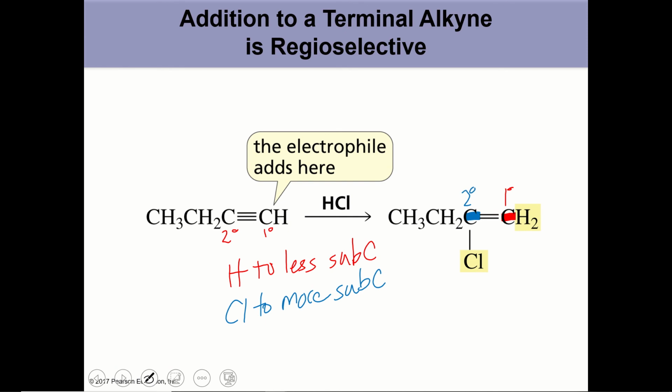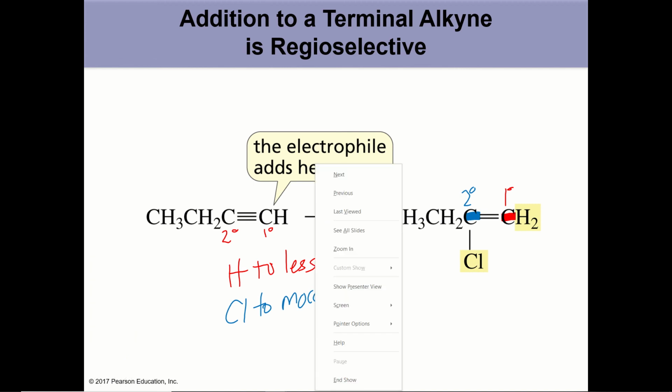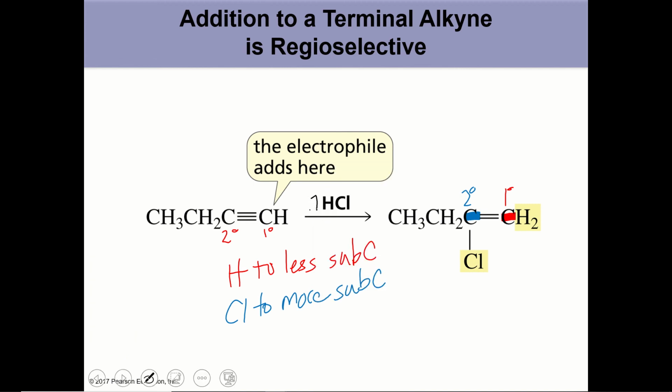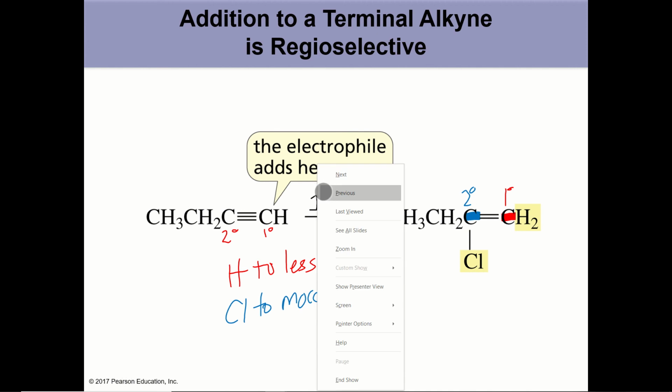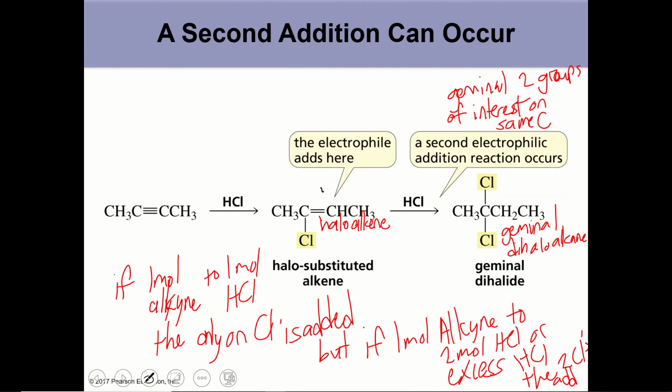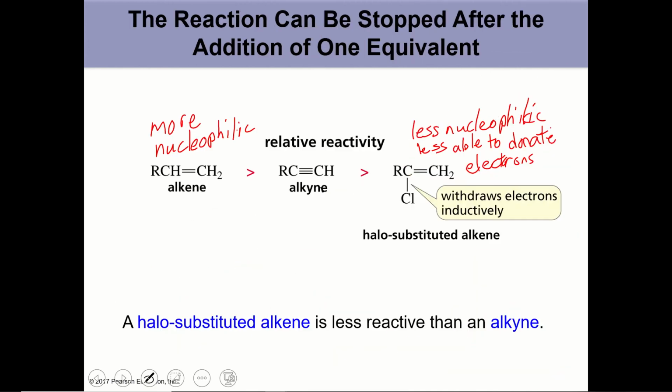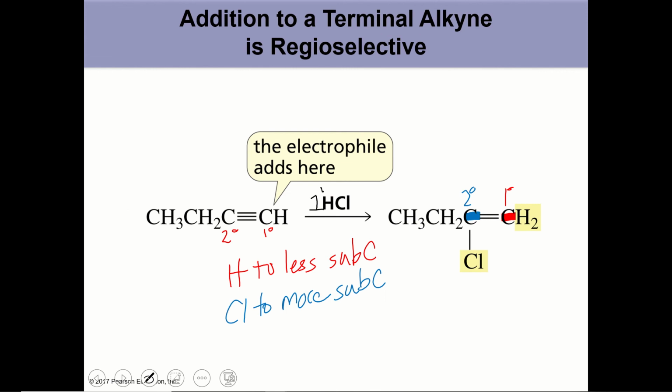And notice, this is understood that we have one equivalent. We don't have to draw a 1 in front, but if they're writing a balanced equation, you should know that there is a 1 there, that it's 1 mole, unless they specifically tell you that there is excess or more than 1 mole of HCl.